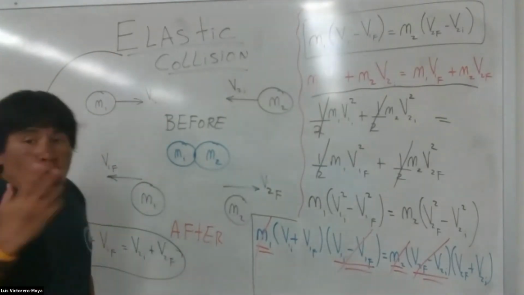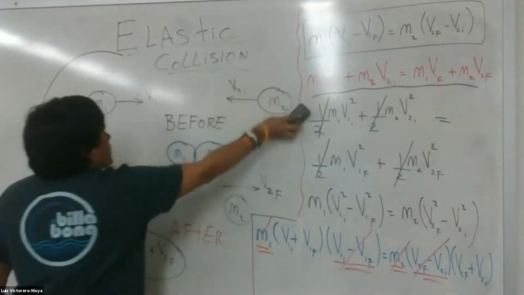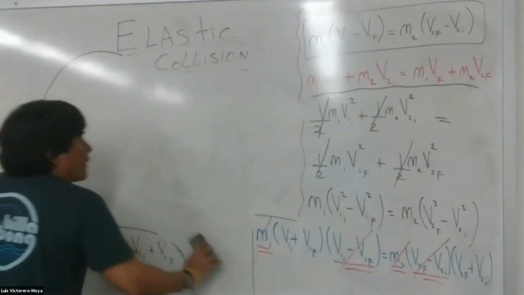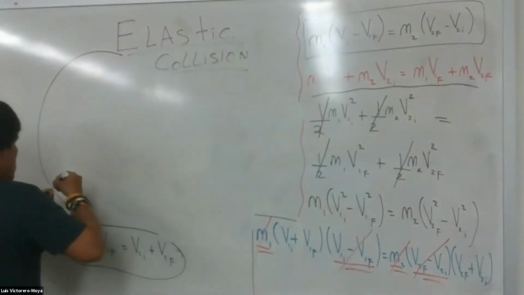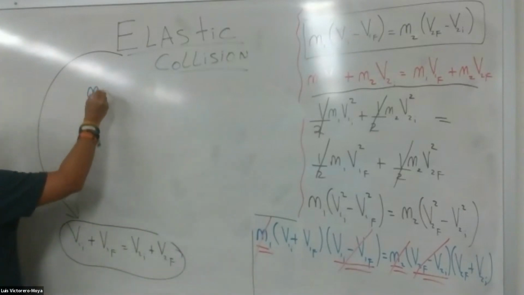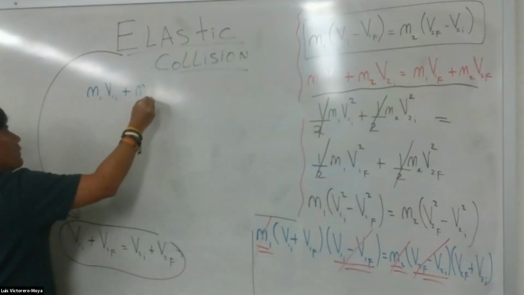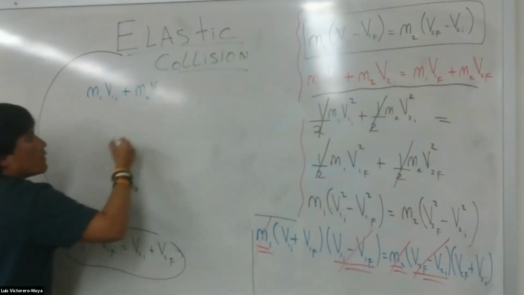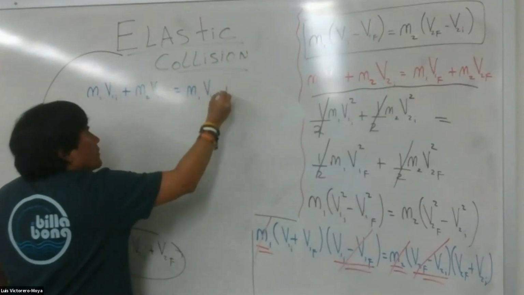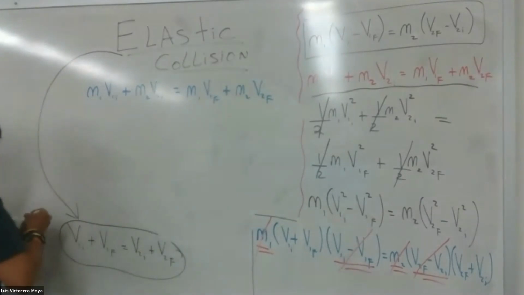So what are the two rules that you need to use for elastic collisions? Let's erase all this. The two rules are the conservation of momentum: M1 V1 initial, remember it's velocity, plus M2 V2 initial equals M1 V1 final plus M2 V2 final. I need this.